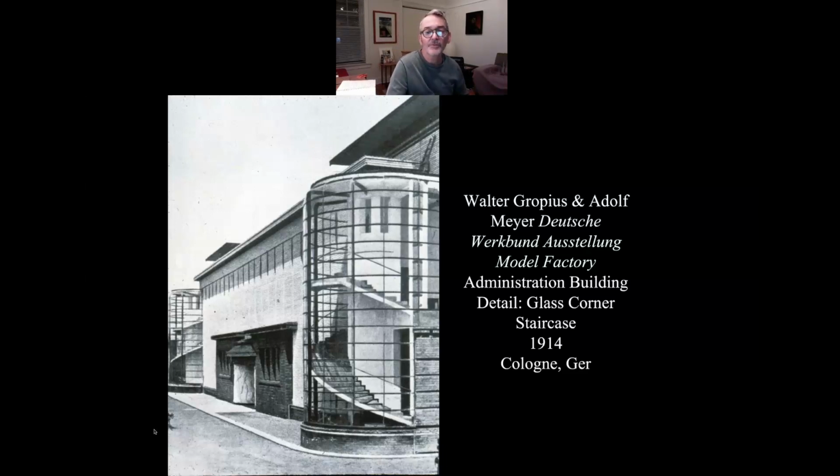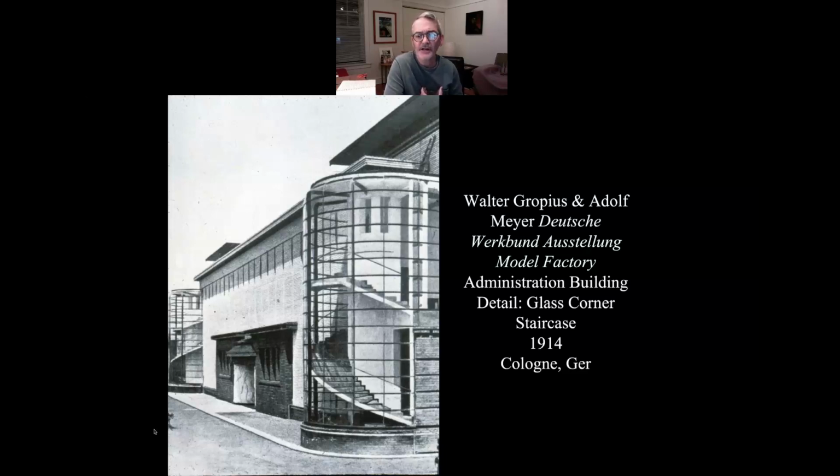Okay, so Gropius and Adolf Meyer were associate architects. This is a model factory. The Deutsche Werkbund is sort of an organization of industry and architects, very different from someone like William Morris.